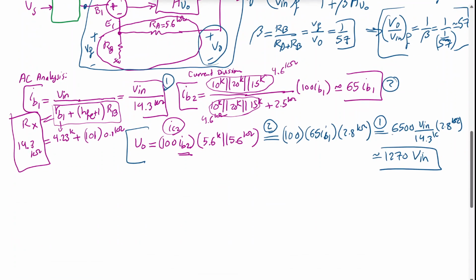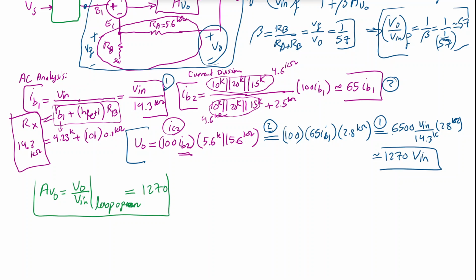So therefore, I can say AV open loop, which is V out over Vn, when the loop is open, of course, is equal to 1270. I mean, that sort of solidifies what we were looking for.